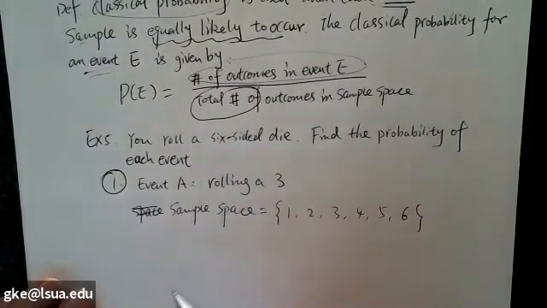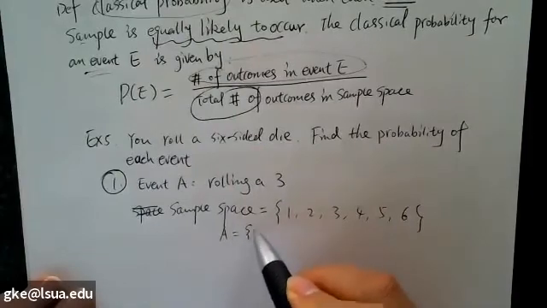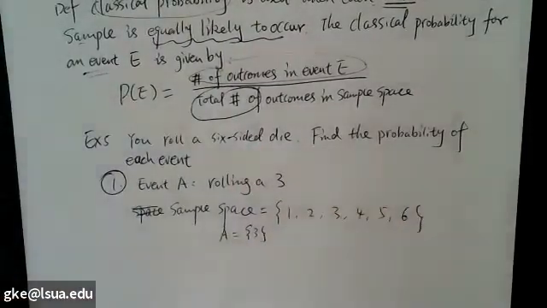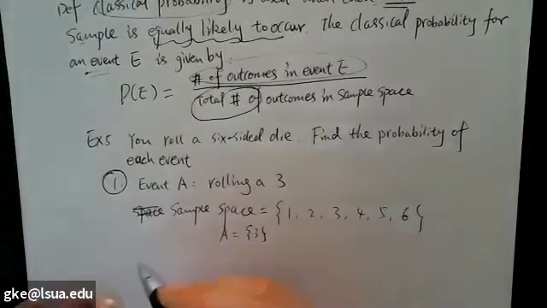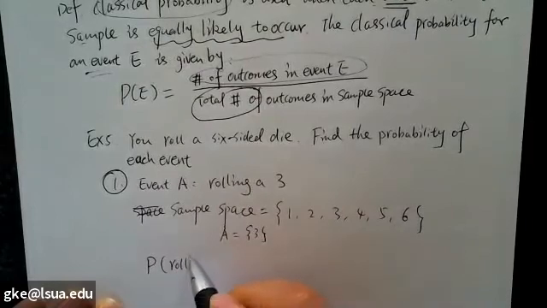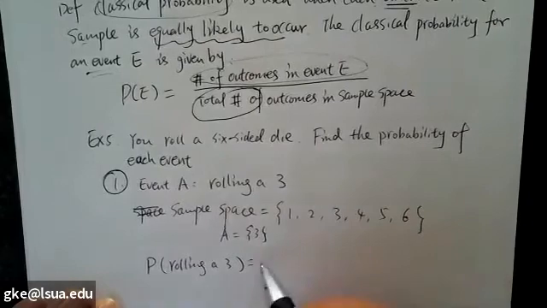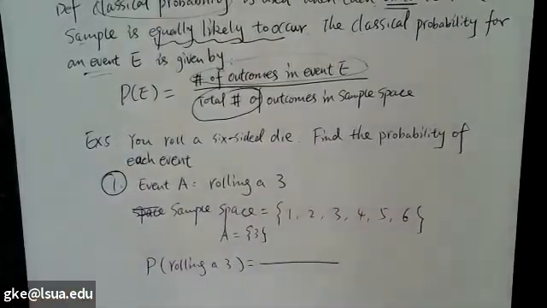So the event A is rolling a 3. And now, what is the probability of rolling a 3? That's going to be the outcomes in event A. How many outcomes in event A?